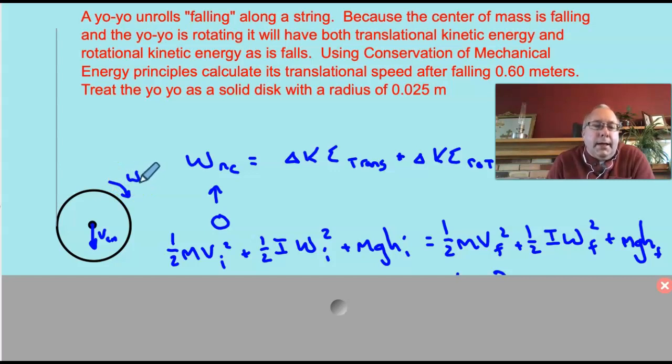And so we have energy contained in the spinning, and we have energy in the translating, in terms of its total kinetic energy, of the movement of its overall matter, both rotationally and translationally. So we have just an extra kinetic energy term in there because of that, but we can still apply our laws of conservation of energy.